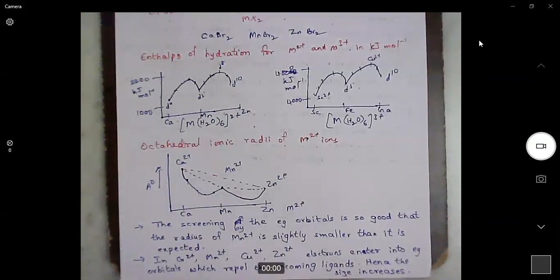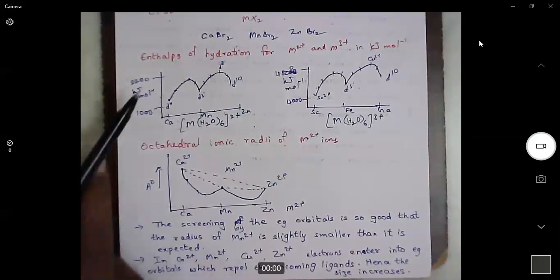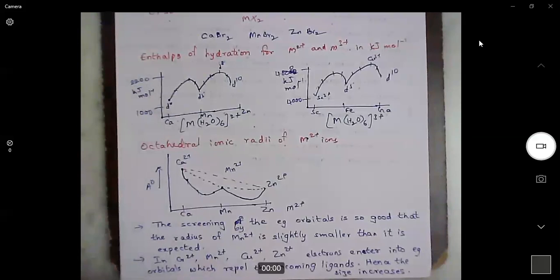Now I'll explain what this is. Here, with an increase in CFSE, we will observe a decrease in size. If CFSE increases, size decreases. So this graph is exactly opposite to the CFSE graphs.